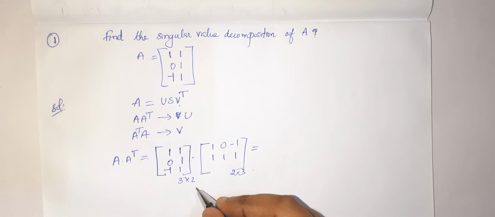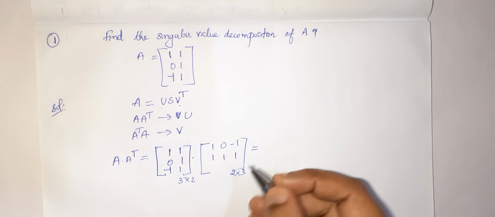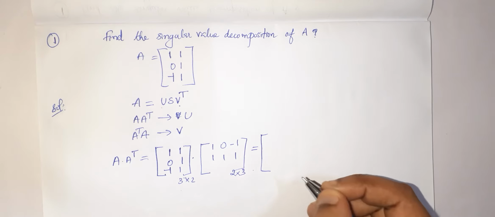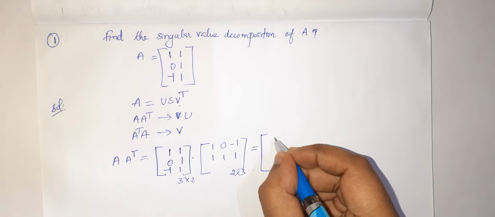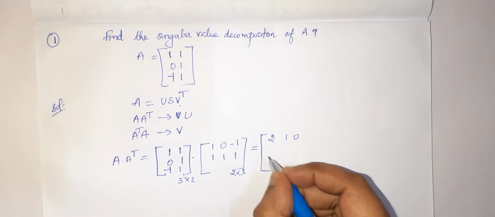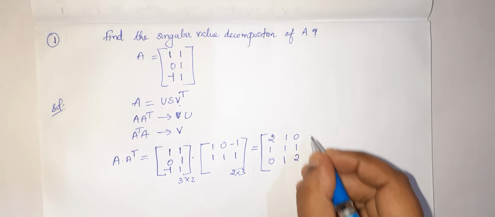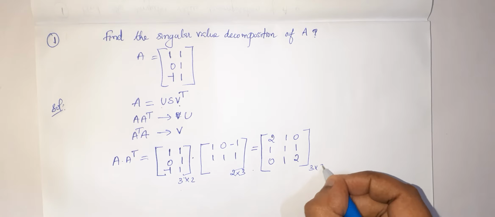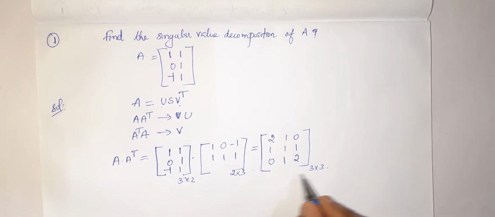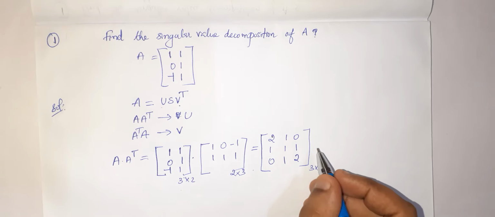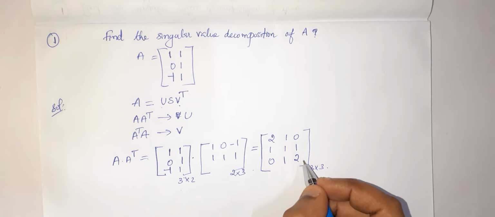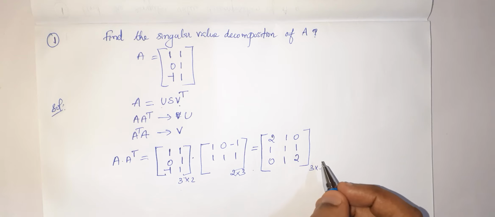The product of a 3 by 2 matrix and a 2 by 3 matrix results in a 3 by 3 matrix. This is the resultant matrix obtained, and in the further steps we will take this matrix as the matrix A.